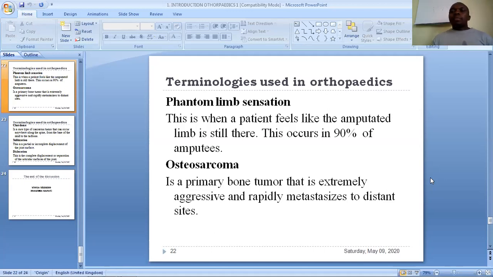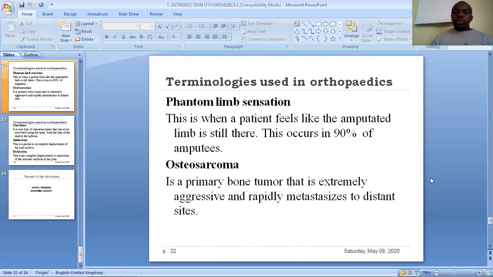So some clients, even after amputation, still feel that the limb is still there. That convincing feeling that the limb is still there within the client who has undergone amputation is what we refer to as phantom limb sensation.